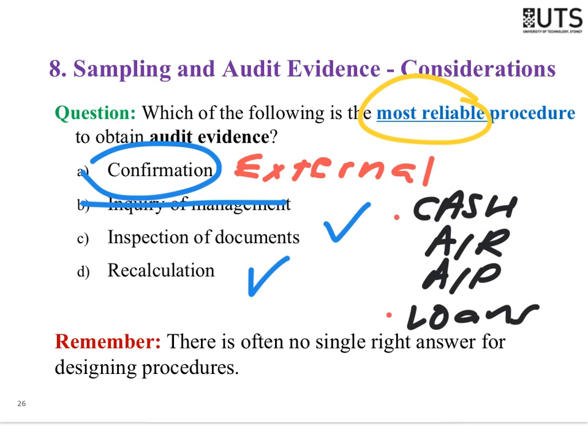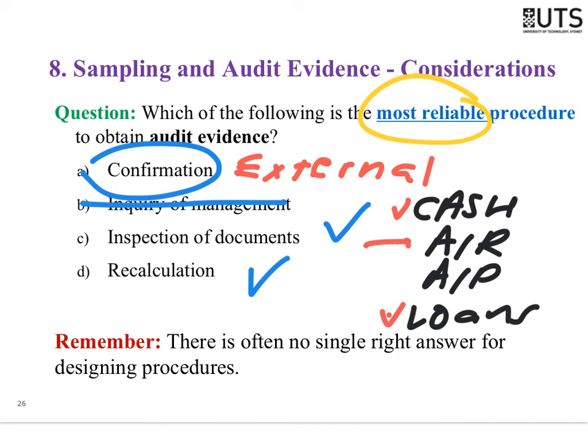So with cash and loans, we talk to the bank, right? We send a confirmation to the bank and we say, is it true this is how much money they have in their bank account, or is this true this is the value of their loan? Now, those ones, that's fine. That gives us confirmation that it exists, it's the right value, it's complete, all that stuff.